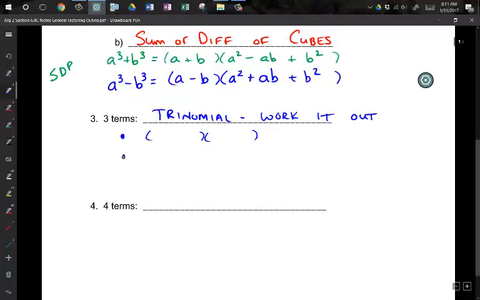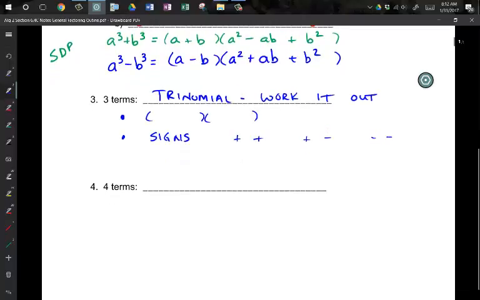The second thing we would do is figure out our signs. Are they plus plus, plus minus, or minus minus, in terms of our parentheses. We would look at the first term and say, what are the factors of the first term? We look at the last term factors.